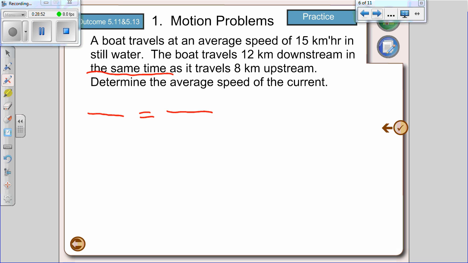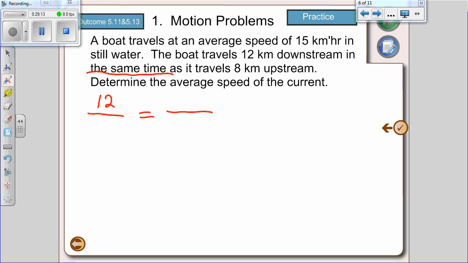We go distance divided by speed. So we went 12 kilometers. That was our distance. Our speed was 15 kilometers an hour. But we're going downstream. So it's 15 kilometers an hour plus, I'm going to use C for current.